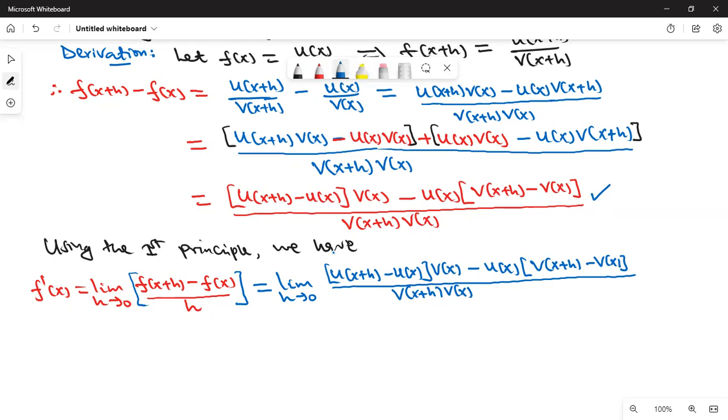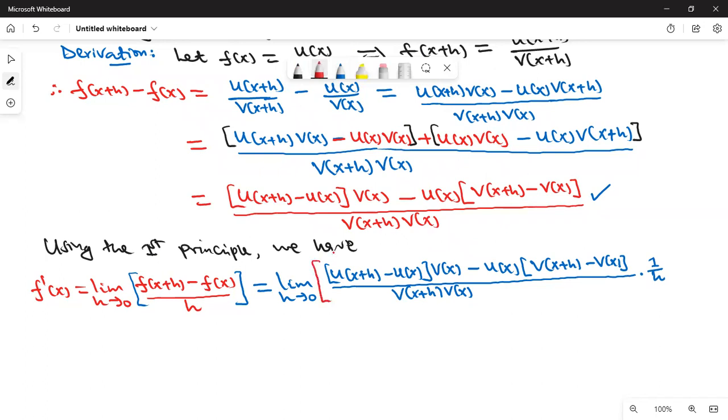That is our numerator, and that numerator should be divided by our denominator, which is h. So it's like multiplying by 1 over h.